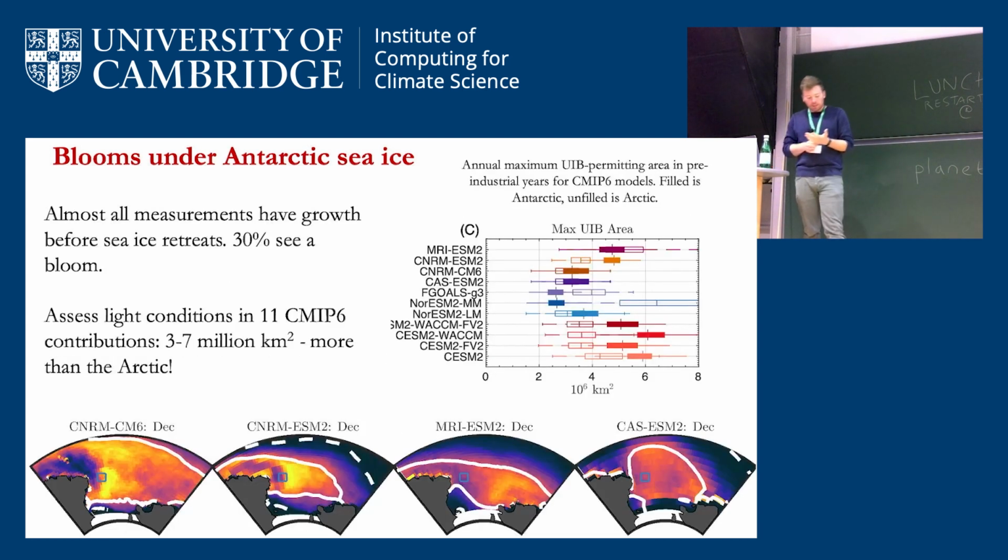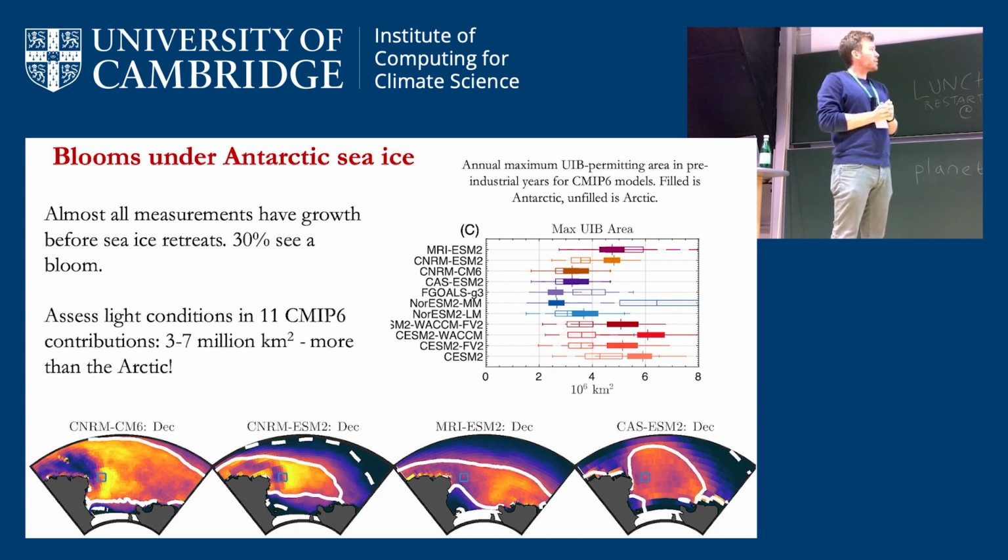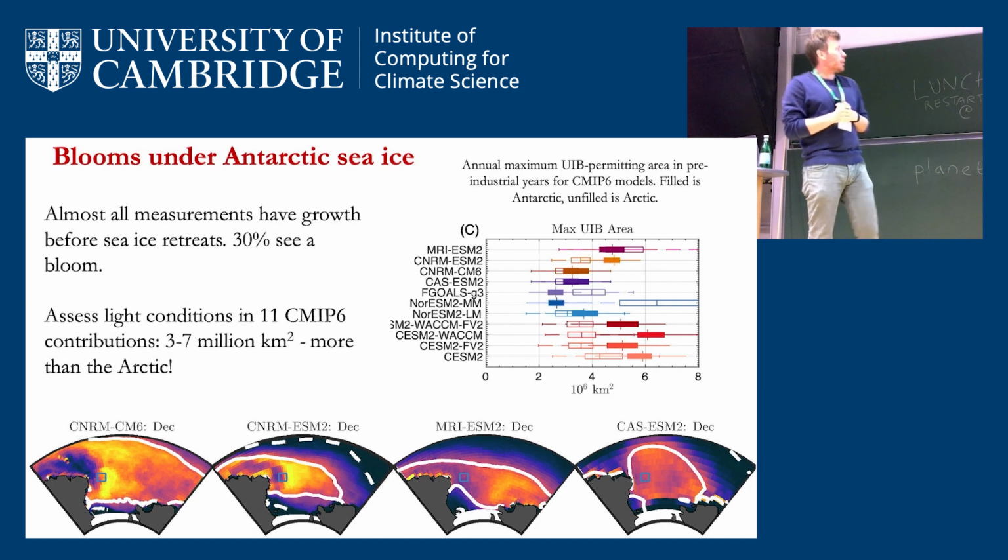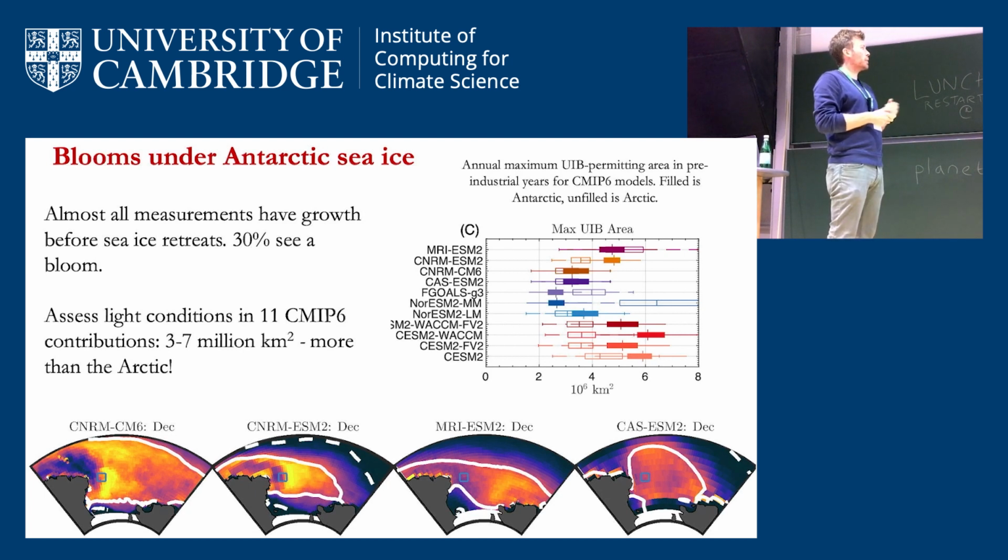And so we combine this observation with some other modeling data. The upshot of this is just to say that the conditions supportive of under ice ecology are widespread in the Southern Ocean. Across a series of different climate models contributing to the 6th CMIP, the 6th coupled model intercomparison project, the average light conditions that are required for these kind of blooms take place in something like 3 to 11 million square kilometers of the under ice regions of the Southern Ocean, which occupy up to about 15 million square kilometers.